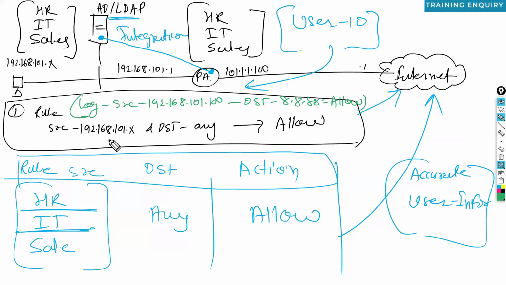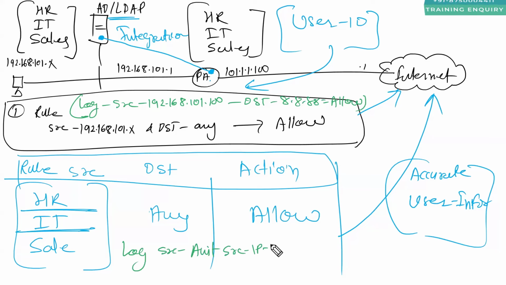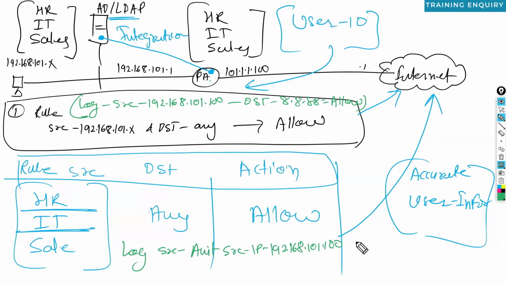But when you have enabled User ID, the log will be generated in this way: the source user will be, for example, Anil, the source IP will be 192.168.101.100, the destination was 8.8.8.8, and the action was allow.